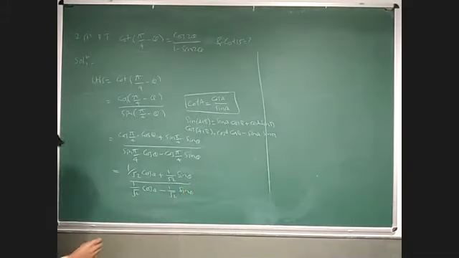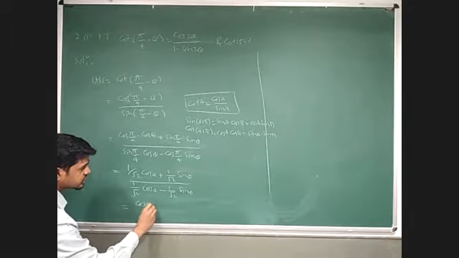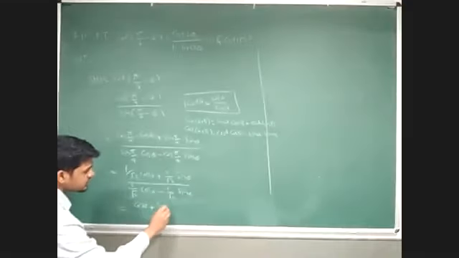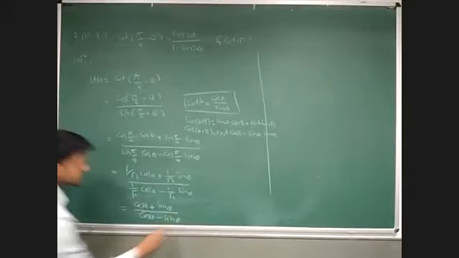Taking 1 by root 2 common, it cancels, and you will have (cos theta plus sin theta) over (cos theta minus sin theta).